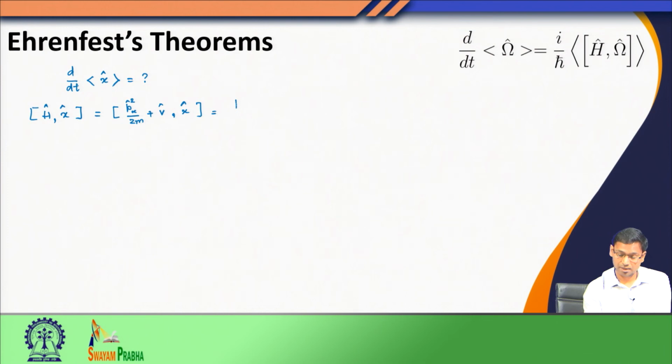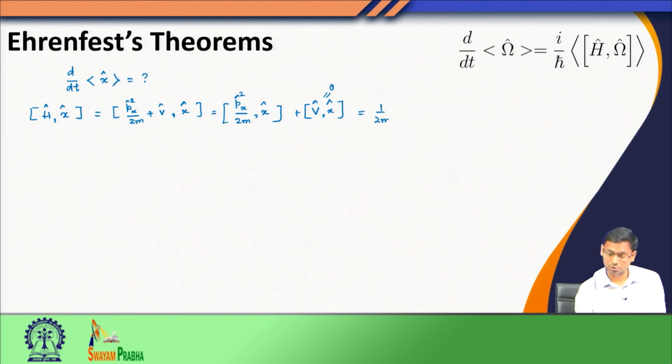So, I write down first the commutation of momentum square with x plus V with x. If I evaluate the commutation of V with x, I would see V x minus x V, which are both multiplicative in nature. Therefore, this becomes 0, and I am left with only one term, 1 over 2 m p x square with x.